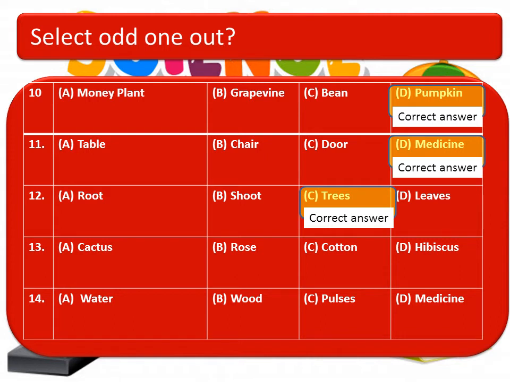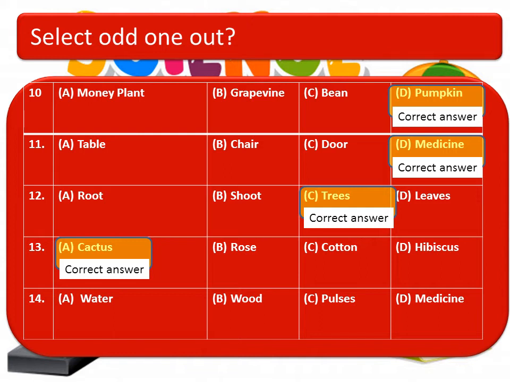The next one is cactus, rose, cotton and hibiscus. Which one is the odd one among these? In these, cactus is the odd one because rose, cotton and hibiscus are shrubs and the cactus is a desert plant.